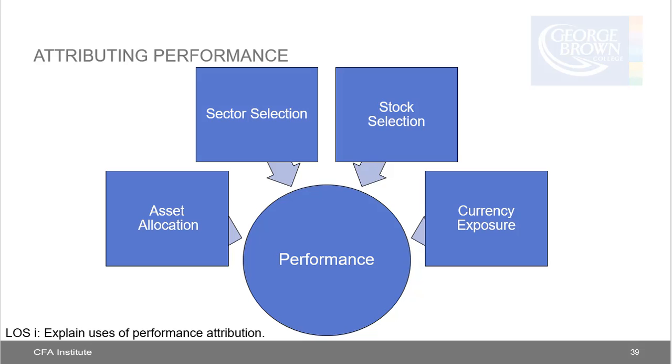Knowing the strengths of the fund manager's performance can also help investors choose an investment fund. Determining how much of performance is the result of the selection of the best performing asset classes, sectors, individual securities, and currencies is known as performance attribution, and it is the 4th stage of the performance evaluation process.